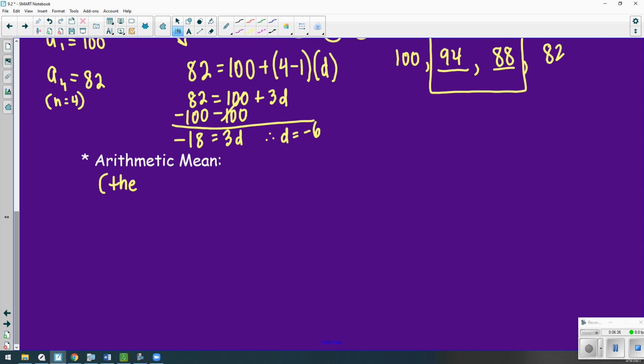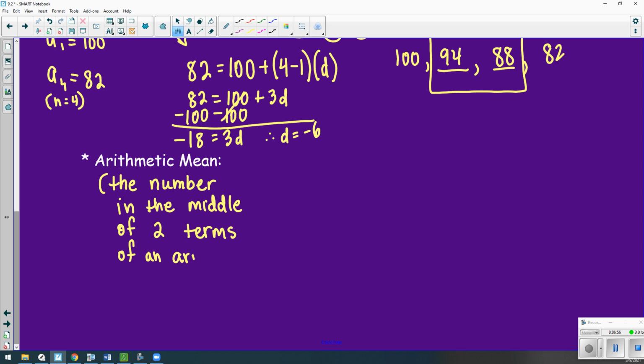The arithmetic mean is the number in the middle of two terms of an arithmetic sequence. So if I had two numbers and I wanted to know what number would be in the middle of them, you would just add the two terms and divide by 2. That's how you find the arithmetic mean.